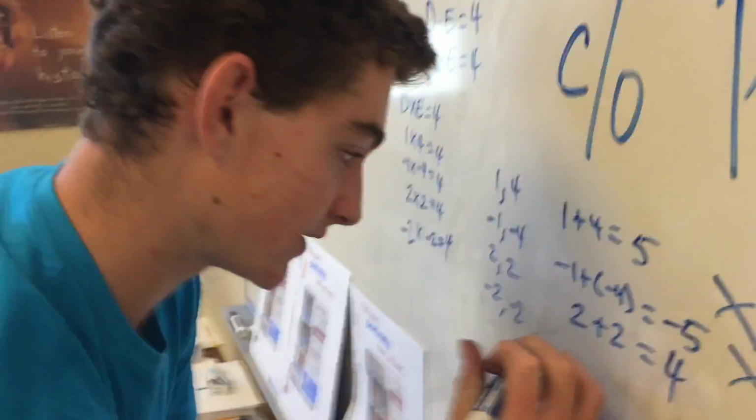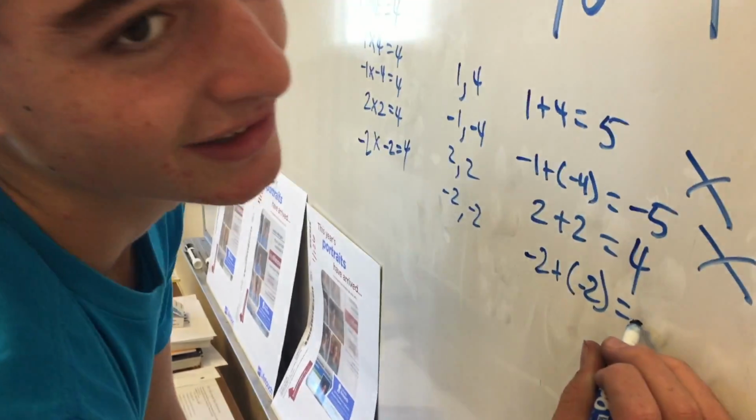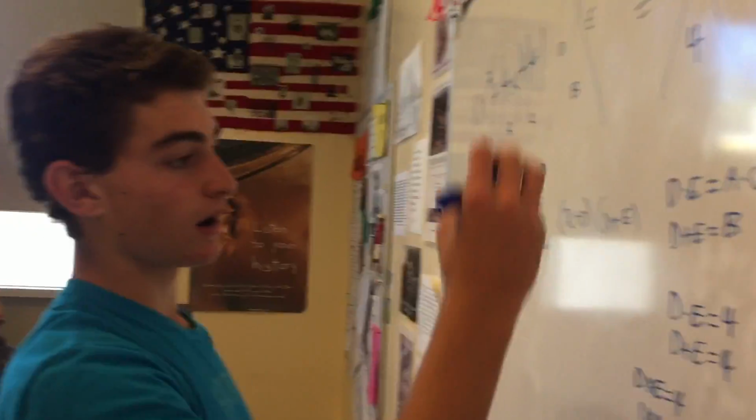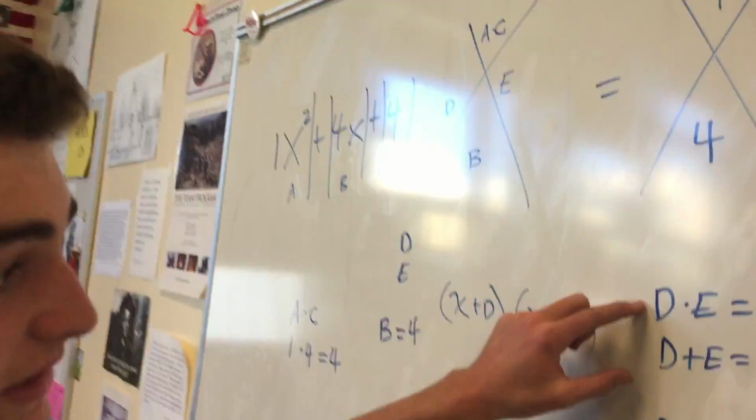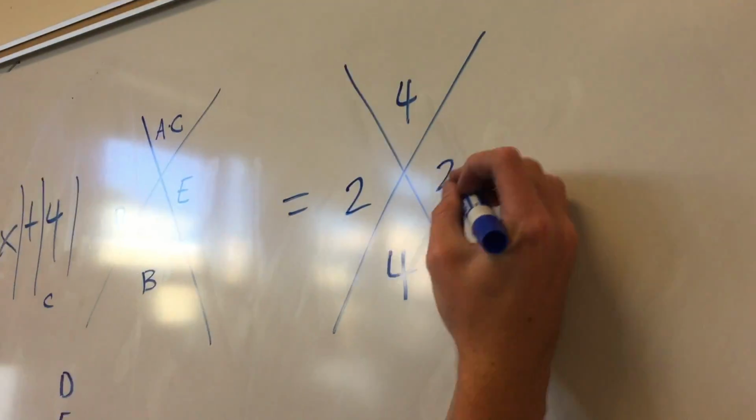It's 4. Let's make sure that this one doesn't work before we proceed with this. Negative 2 plus negative 2 equals, sorry kids, negative 4. But we're left with 2 and 2. So, up here, D equals 2, and E equals 2.